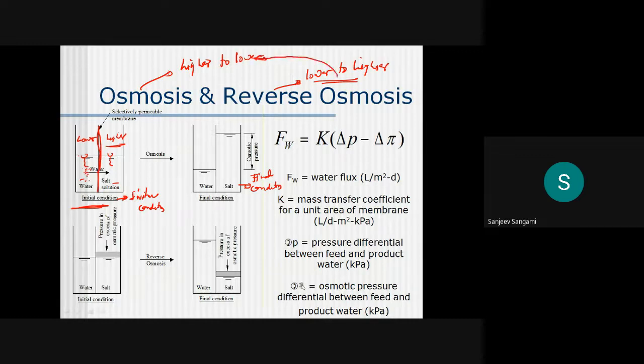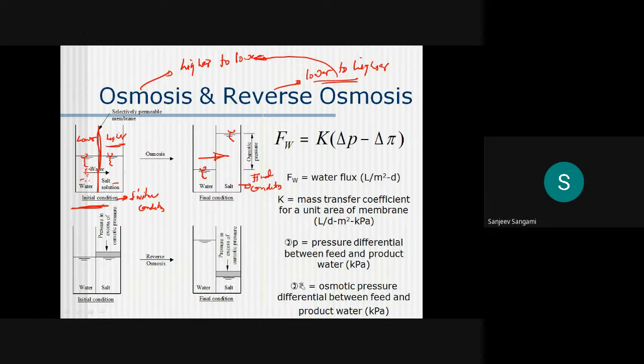See, here the movement is from lower to higher, along this direction. The concentration is decreasing here and the level is increasing here. You can see the water is diluted and the salt solution is more concentrated.